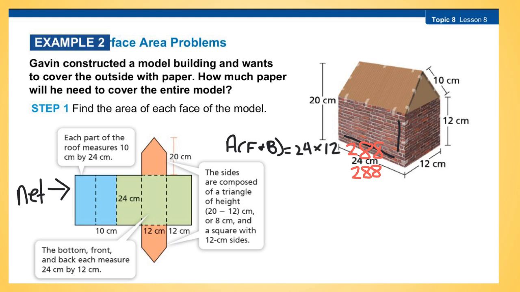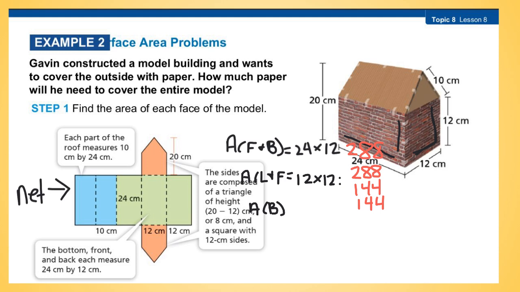All right, now I'm going to find the area of the left and the right. So the left is 12 by 12, or the right, however you're seeing that. 12 by 12 is 144, and I have both a left and a right. And then I have a bottom, but I'm not going to have a top, because if you notice, the top is not on the outside of this shape.